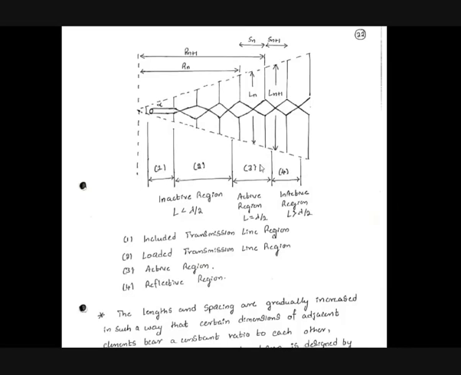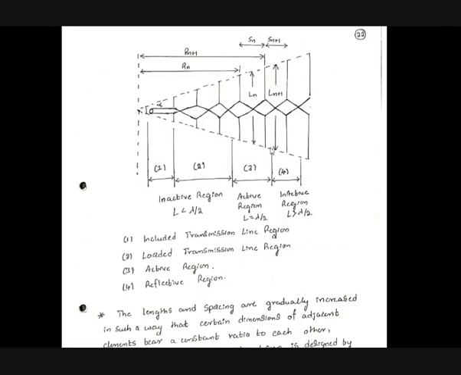If the length is equal to lambda by 2, then only it is in the active region and it radiates. Otherwise, if L is less than lambda by 2 or greater than lambda by 2, it is inactive and does not radiate.